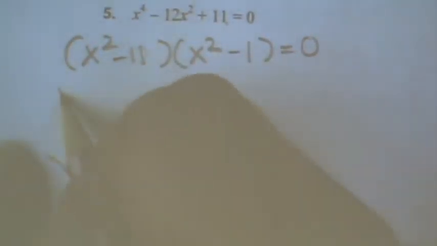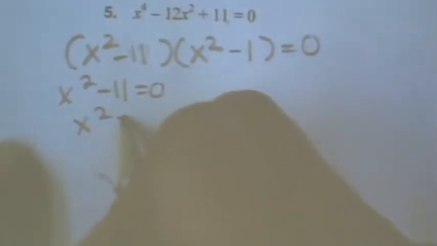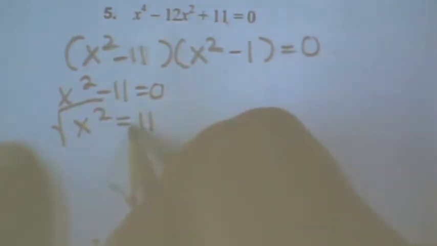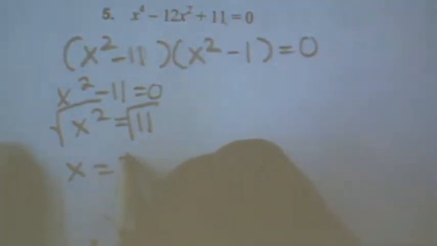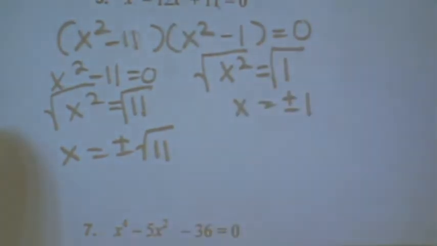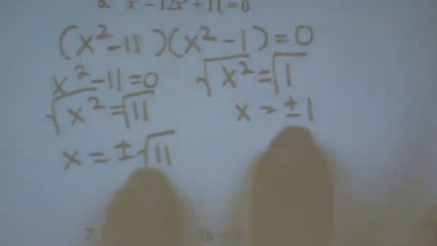Now you would set each of these equal to 0. Add 11, square root both sides, and you get plus or minus root 11. And for this one, x squared equals 1. Square root both sides, and you get plus or minus 1. So there's 4 real answers.